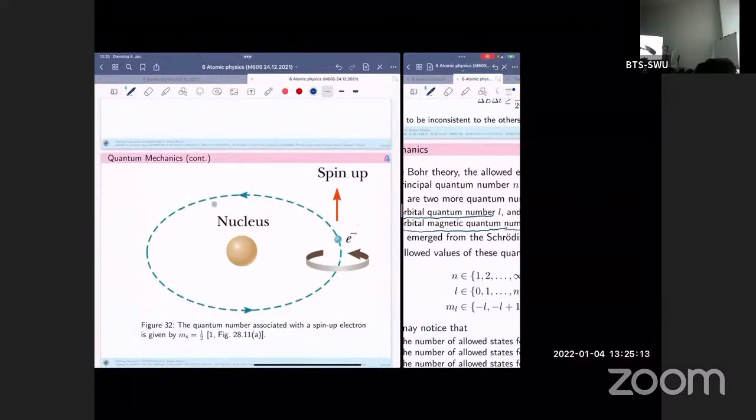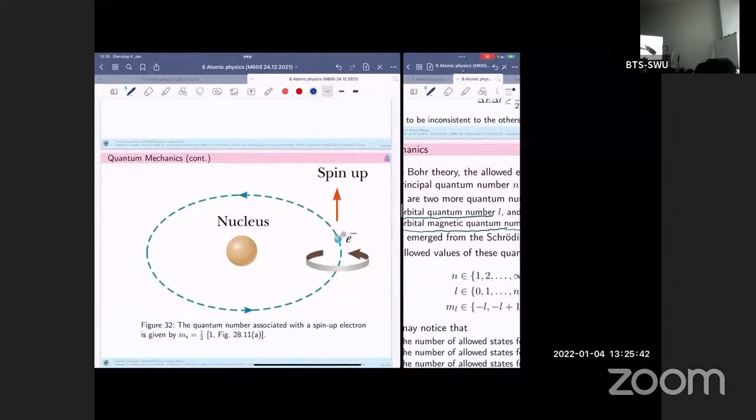For the atom, we have the nucleus, and the electron is moving around the nucleus, but at the same time, it seems like the electron is rotating around itself, but it's not true at all. The physicists just give this notation.